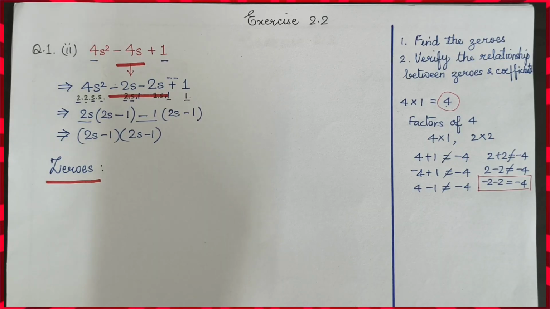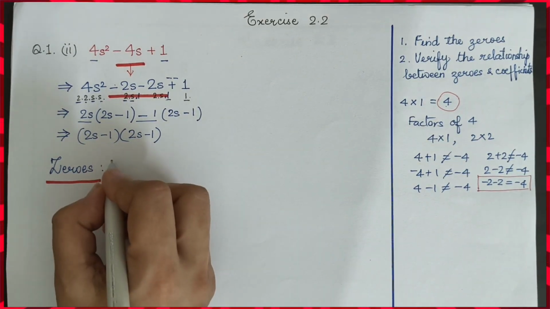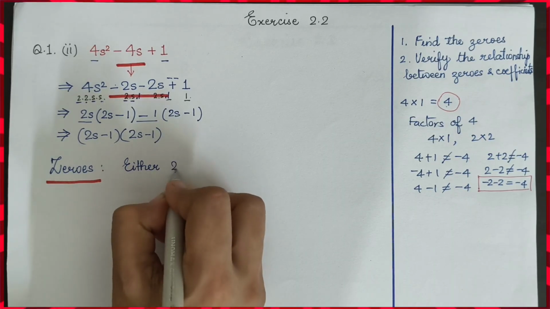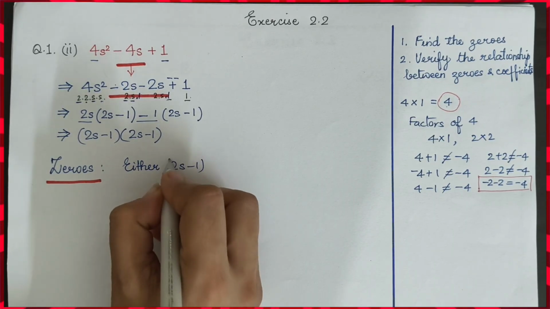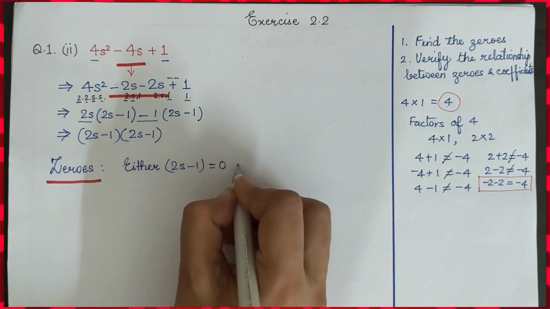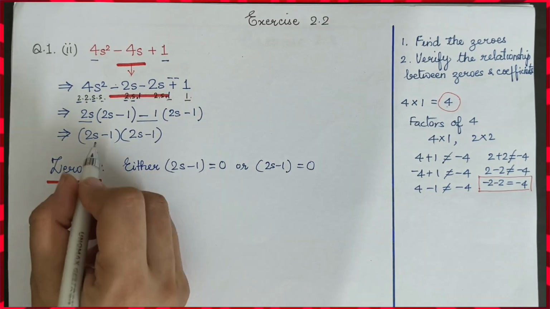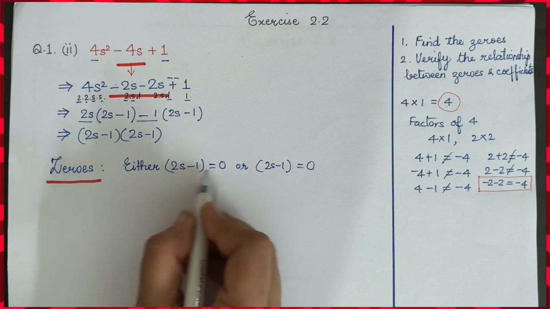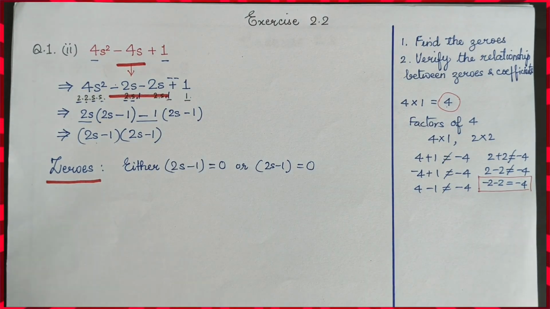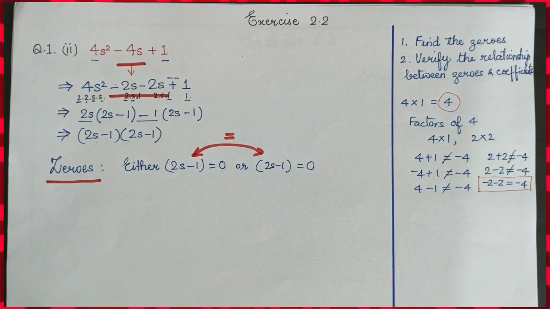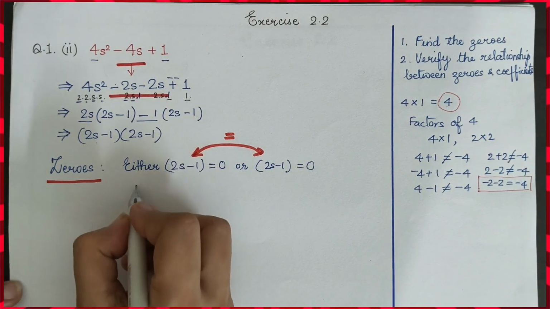So we will write either 2s minus 1 is equal to 0, or whatever the other factor is. Here it is also 2s minus 1, so both the factors are same. Both factors being same does not mean we write only one factor. We still have to write two factors.